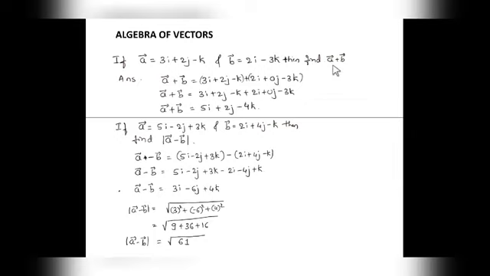Here they are asking us to find vector A plus vector B. Vector A plus vector B equals the given vector A plus the given vector B. Here 2i is there but the j term is missing. That's why you have to take it as 0j, minus 3k as it is.